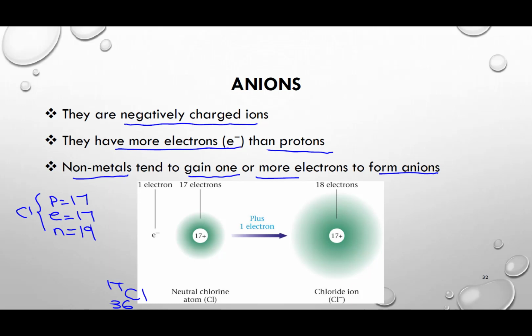Okay, now let's look at chloride ion. For chloride ion, as you could see, the neutral chlorine is gaining 1 electron and it becomes chlorine minus, or chloride ion. Then, as we discussed before, the number of protons and neutrons always stays the same, never ever changes.